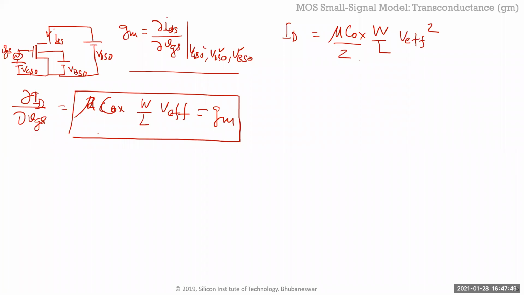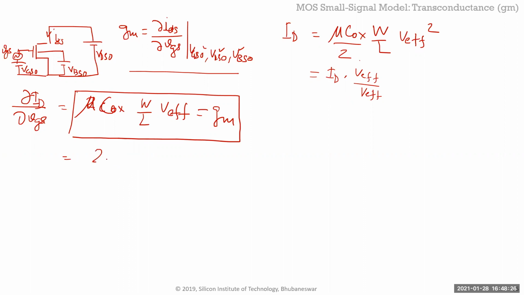Okay, and you can also write it as ID times V effective over V effective, which gives 2 ID over V effective.